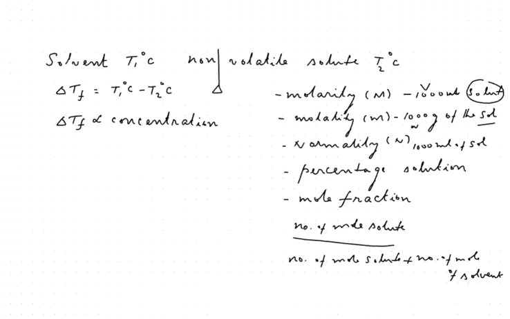But in the case of colligative properties, the delta TF, the depression in the freezing point, is directly proportional to concentration, and essentially the concentration has to be expressed in molality. So you have to find out the molality of the solution. Molality is the number of moles of solute present in 1000 gram of the solvent.